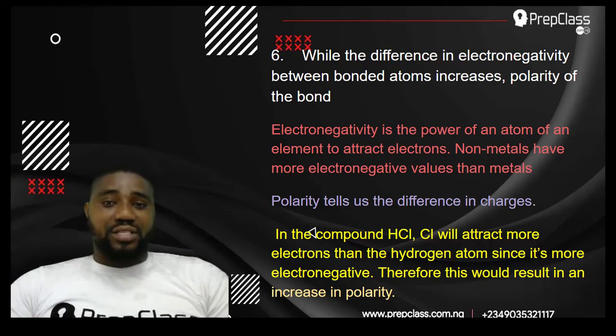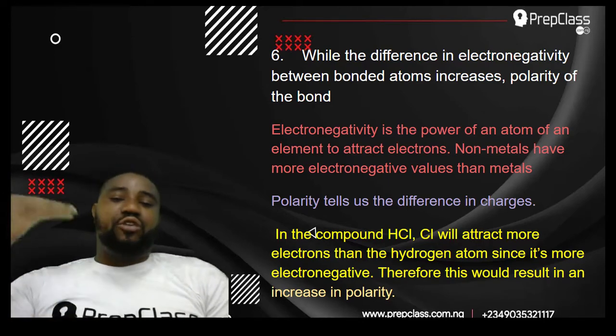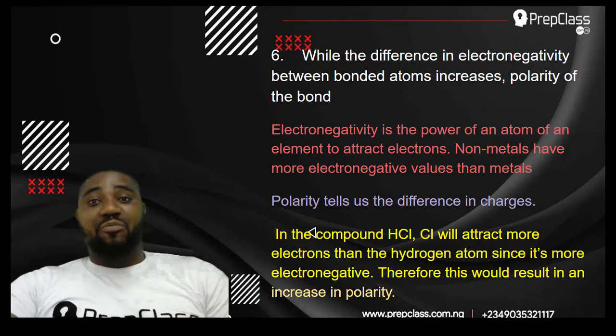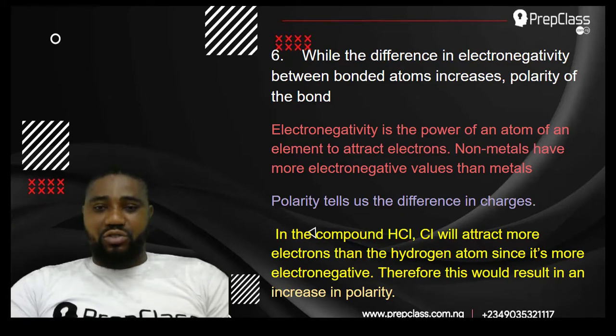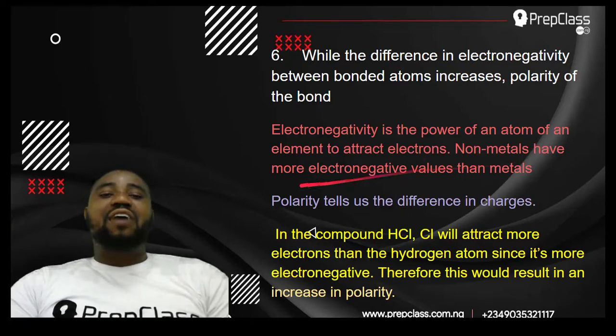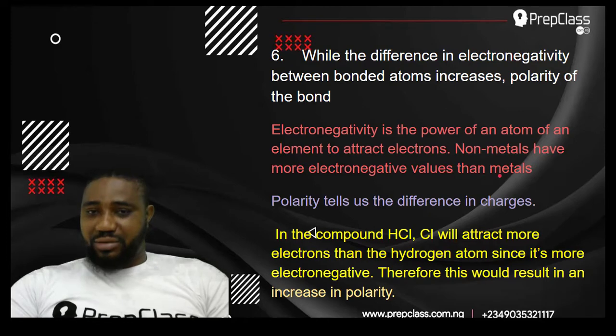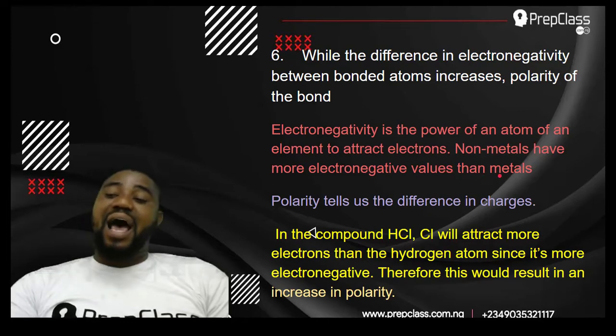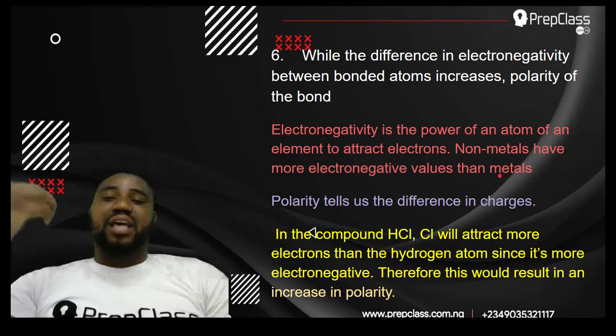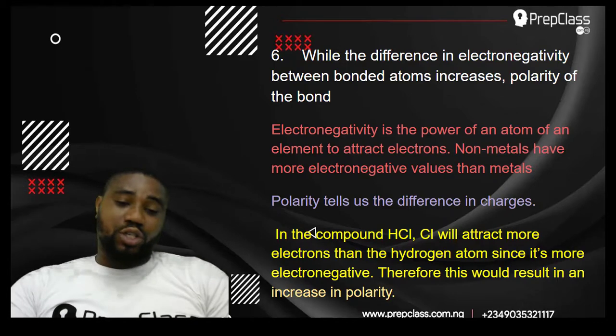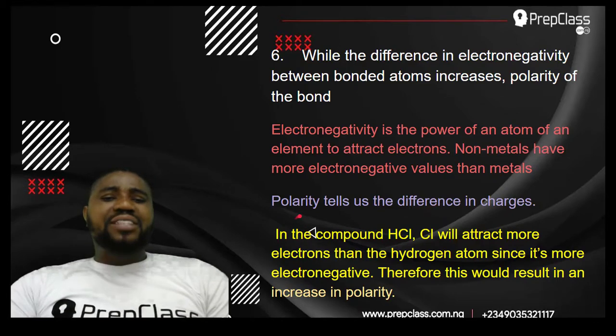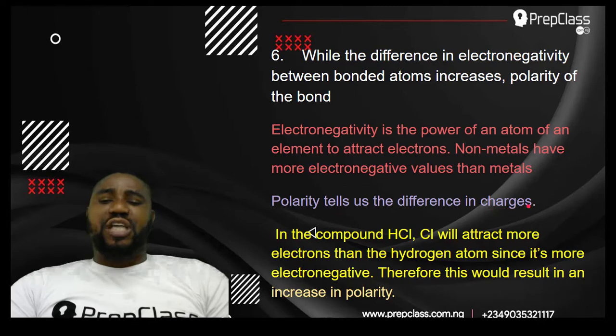Rather, they can easily donate. Non-metals will have higher electronegative value because non-metals have power to attract electrons. So non-metals have more electronegative values than metals. Why? Because their atoms have the ability to attract electrons to become negatively charged. Now, polarity just simply tells us the difference in charges.